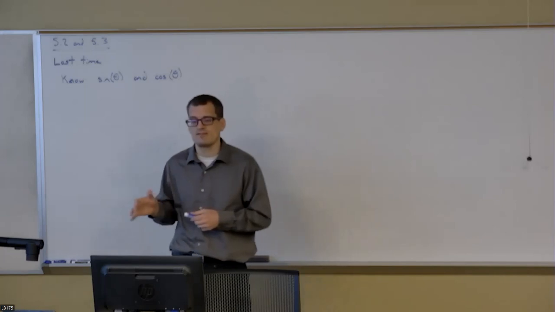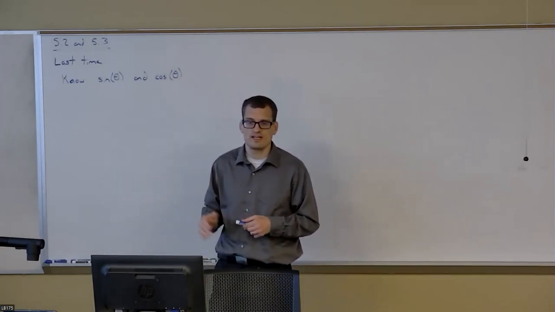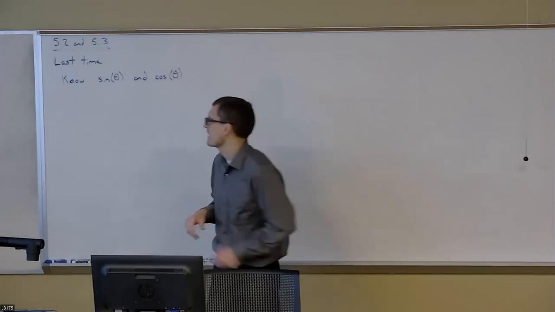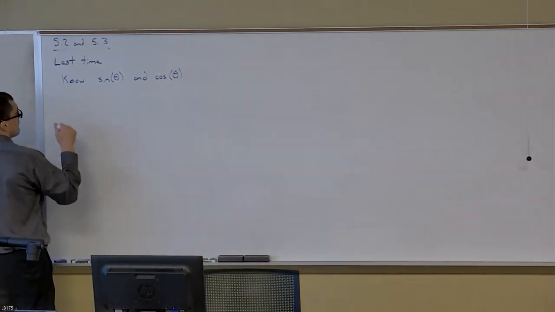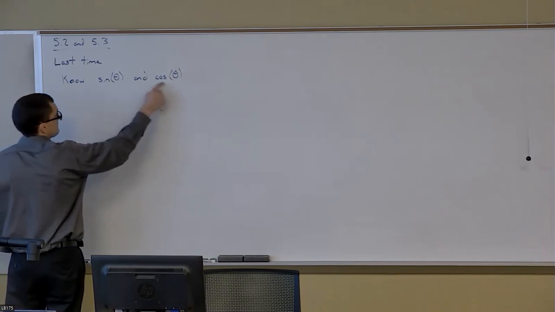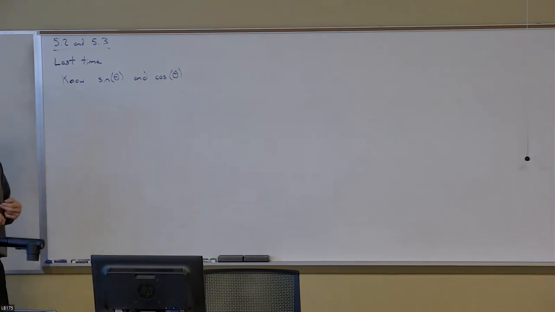So we know sine of theta and cosine of theta and how they relate to the unit circle. And then last time we said, well, now that we can calculate sine and cosine, we can either calculate that manually based on the unit circle, or we can use our calculators.